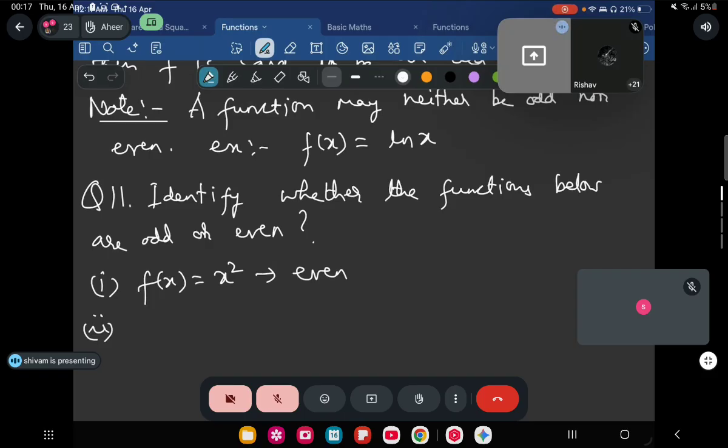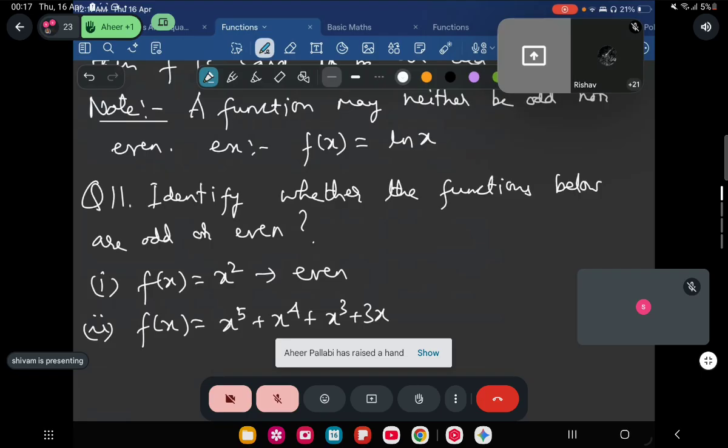Next, part 2. f of x is equal to x to power 5 plus x to power 4 plus x cube plus 3x. Odd or even? Raise your hand. Odd? Think properly.